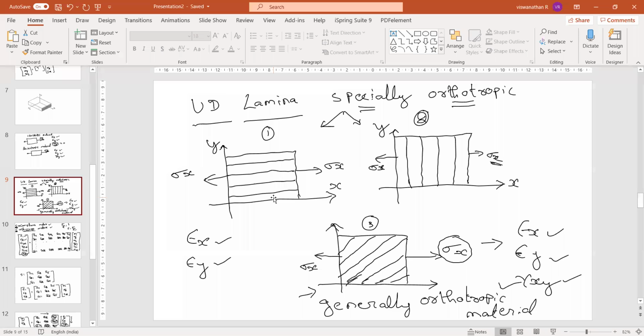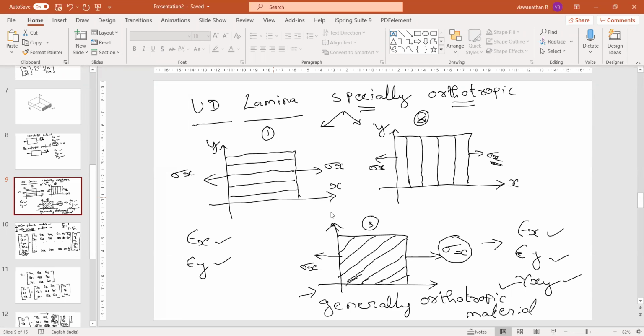You are applying only extensional stress but not shear stress, yet the material is experiencing shear strain.